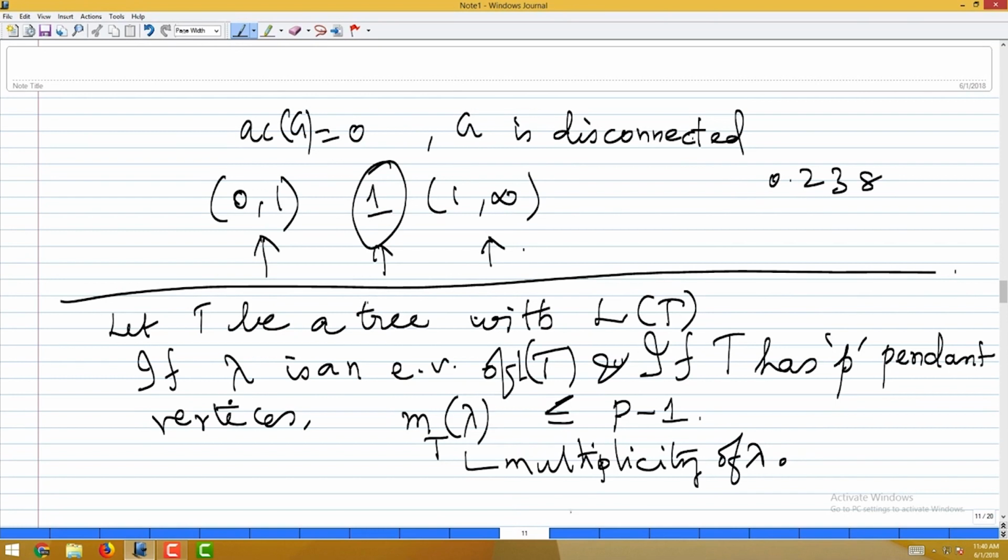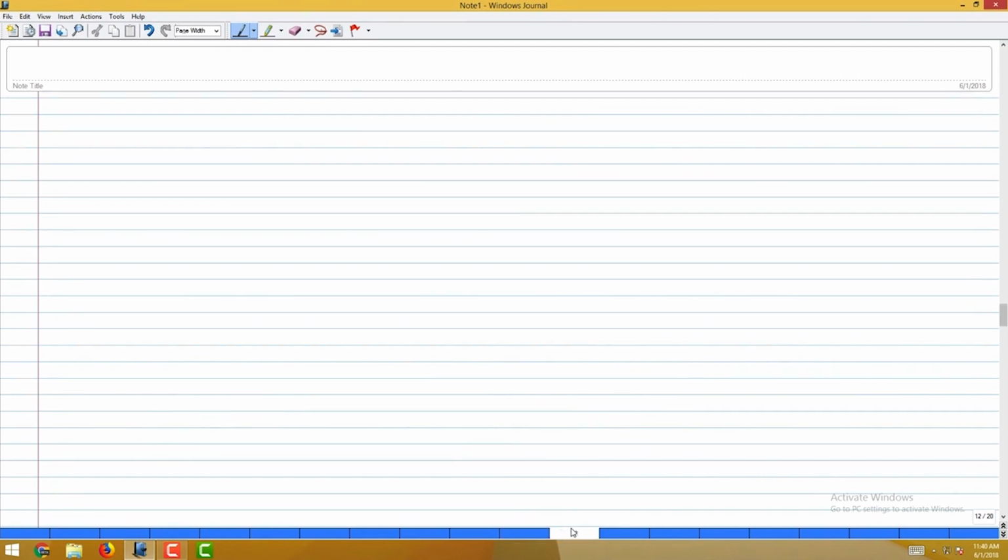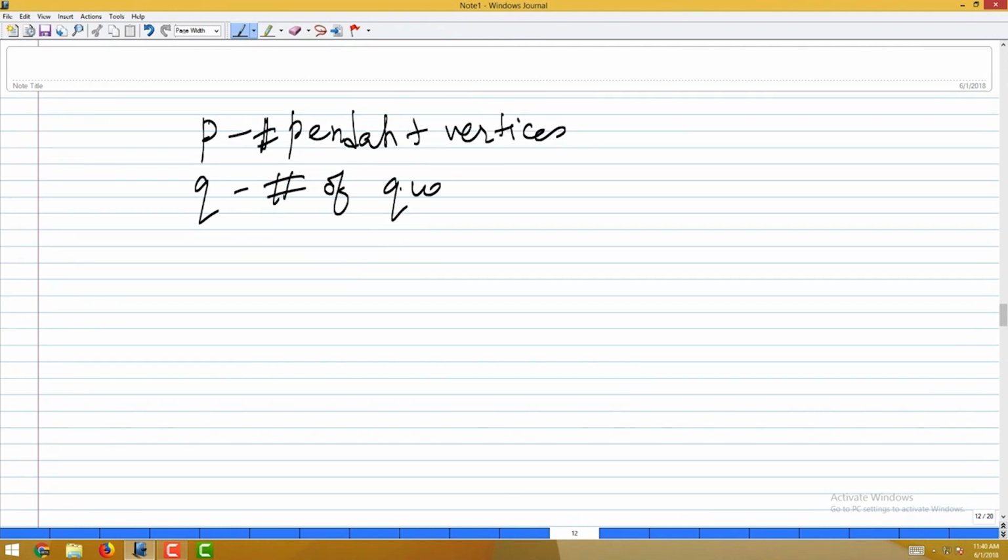So, this is one interesting result that I want to tell, and another one is in similar line, if suppose p is the number of pendant vertices and q is the number of quasi pendant vertices. So, by quasi pendant we just mean all those vertices which are adjacent to degree 1.